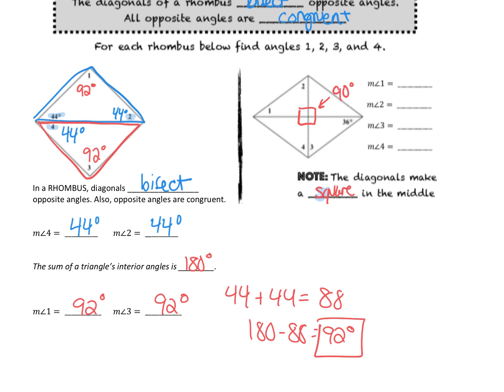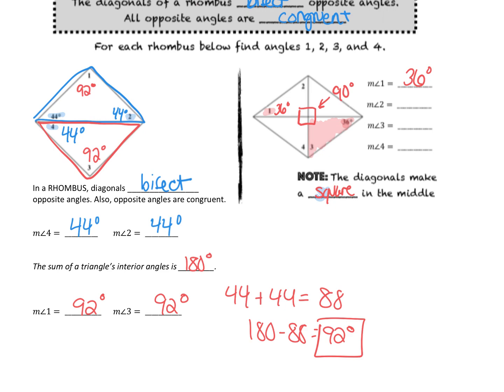First of all, right off the bat, angle 1 is straight across from the 36-degree angle, so it must be 36 degrees. Then, if I want to find angle 3, look at the triangle that I made. The triangle that I made here has a 36-degree angle and a 90-degree angle.